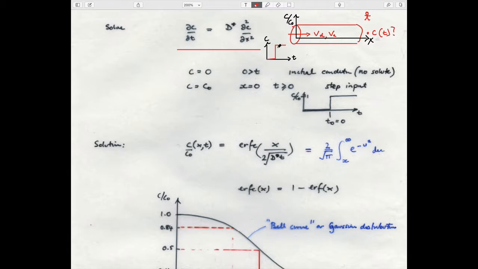In other words, you just turn it on at some time t0. Actually, that's what this figure here is exactly saying.